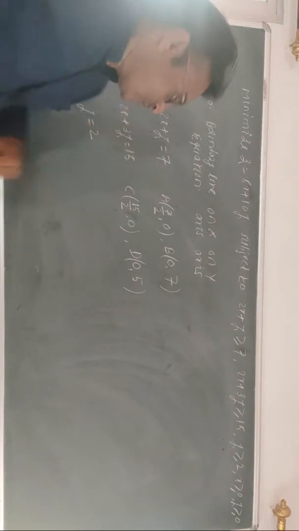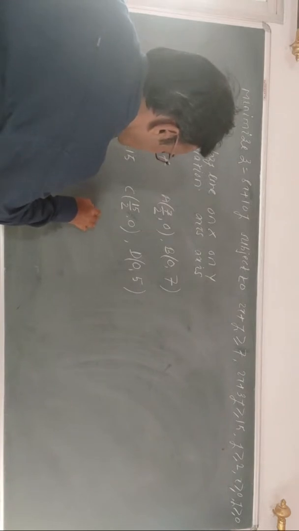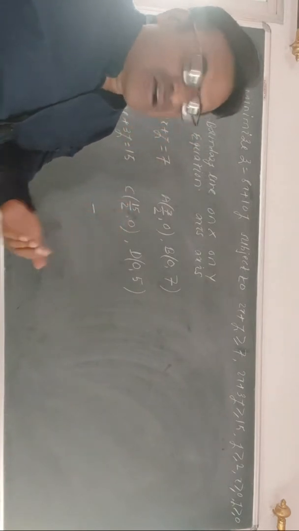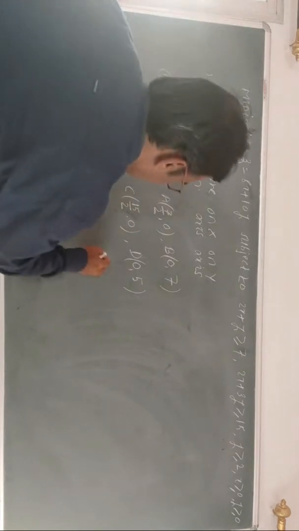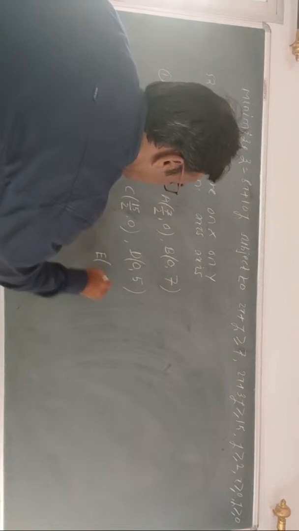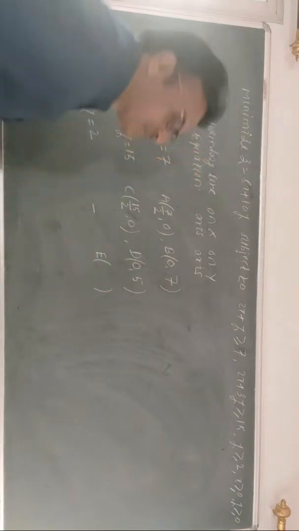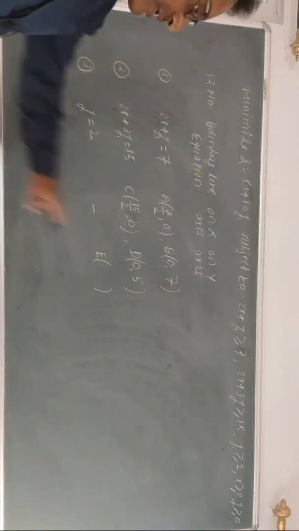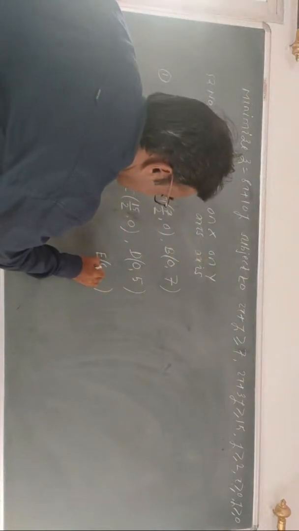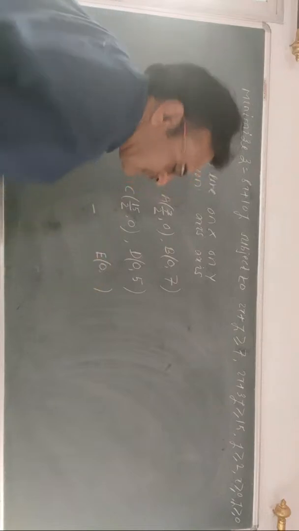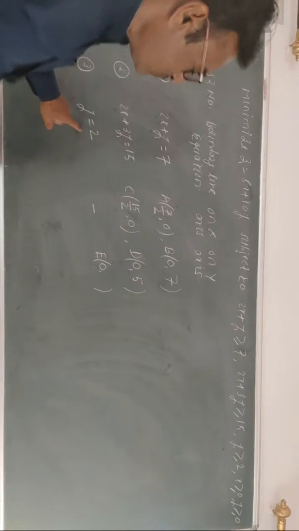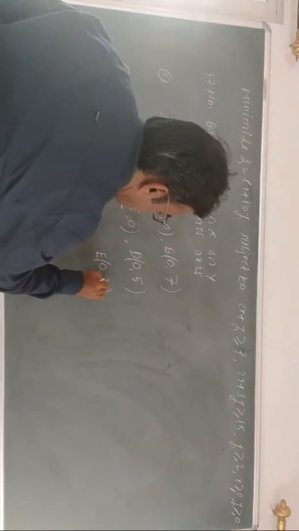Therefore no point on the x-axis, only a point on the y-axis. So we find the point on the y-axis, say point E, and we find the coordinates of point E. Again point E lies on the y-axis, therefore the x coordinate is 0. Next we find the y coordinate. Here y equals 2 is given, therefore the y coordinate is 2.